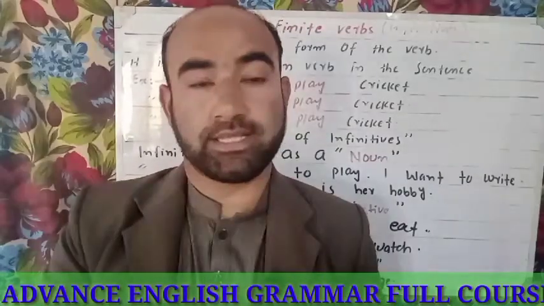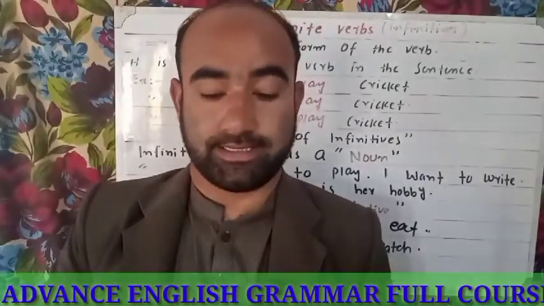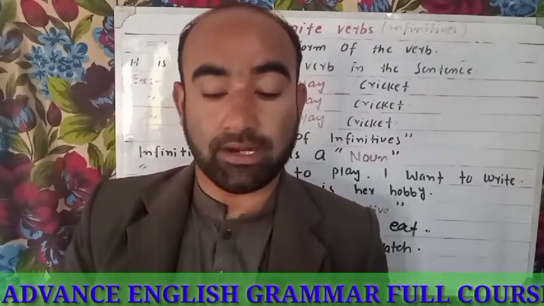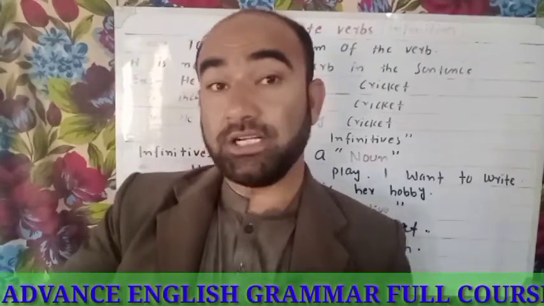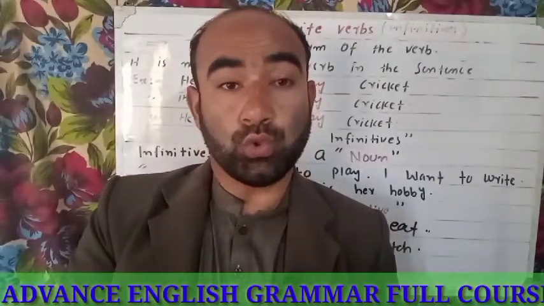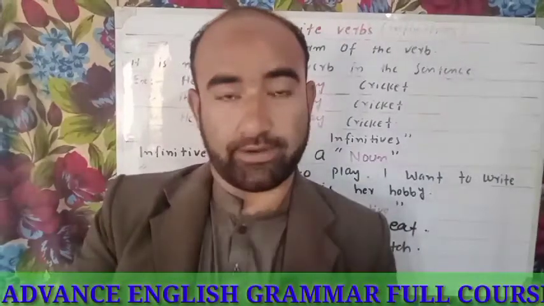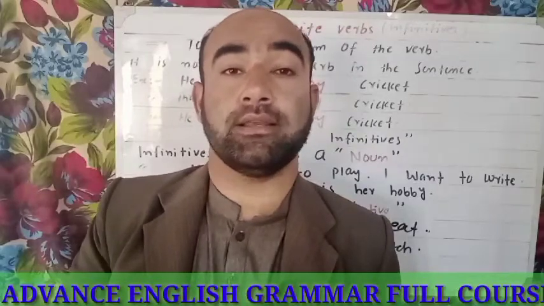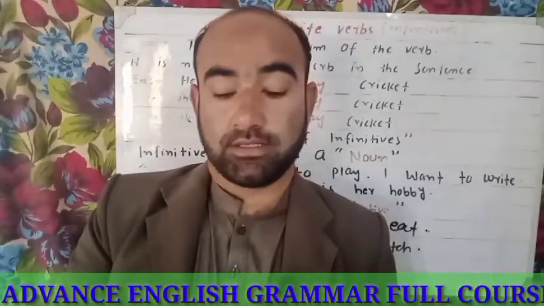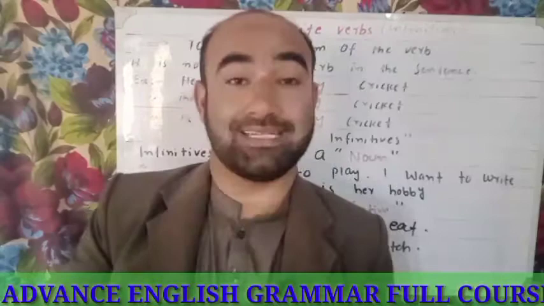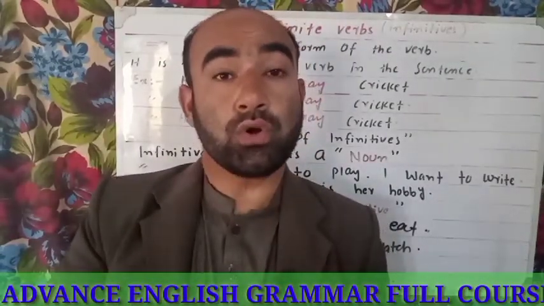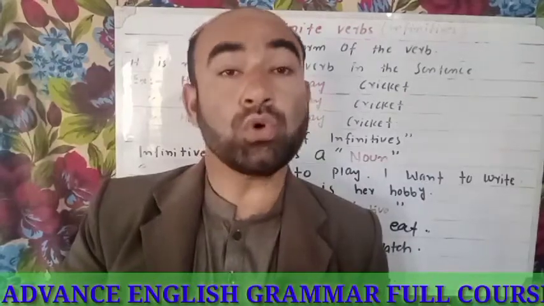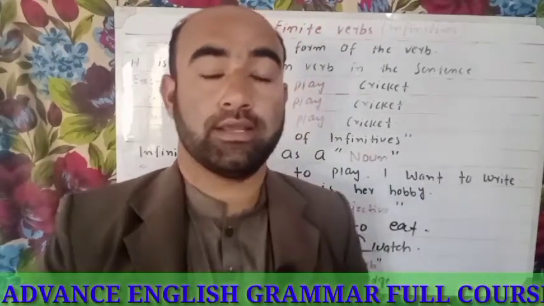For example, the teacher told us to quickly read the book. Look here: quickly has come in the middle of these two words. So we call this sentence a split infinitive. To quickly read. This is called the split infinitive.